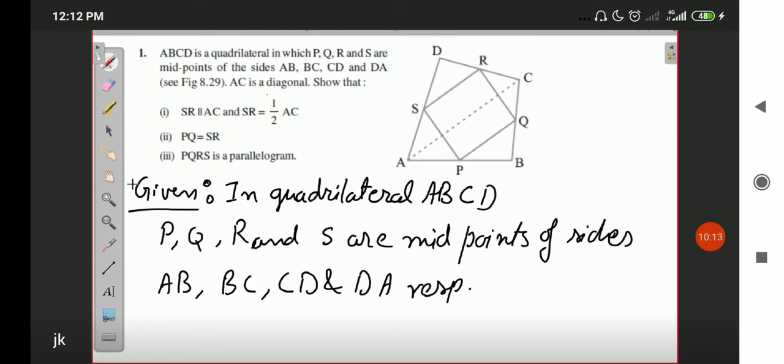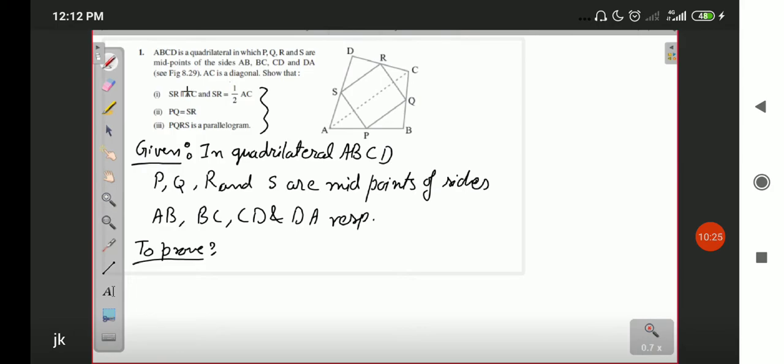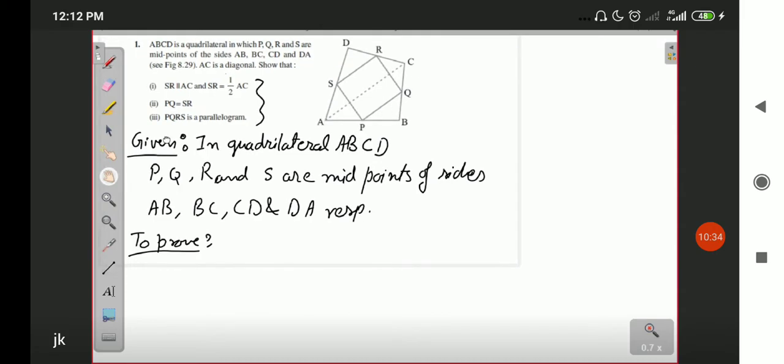Next is to prove. I am not writing it out because you have to prove all these three things. Keep in mind, for every question you have to draw the diagram, write given, write to prove, and if there is any construction you have to write that as well. So let us start with the question.